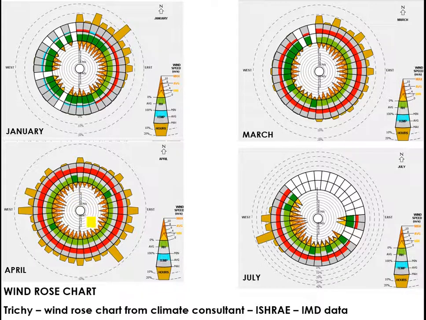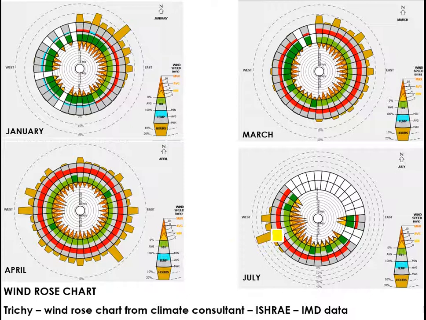So you can plan what type of openings can be made according to the summer. Here the temperature is very high during the summer in Trichy, and the relative humidity is very low. So the wind is very essential for the people in Trichy. We have to know how to give them proper comfort by providing wind inside the building. If we come to July, we come to the southwest monsoon.